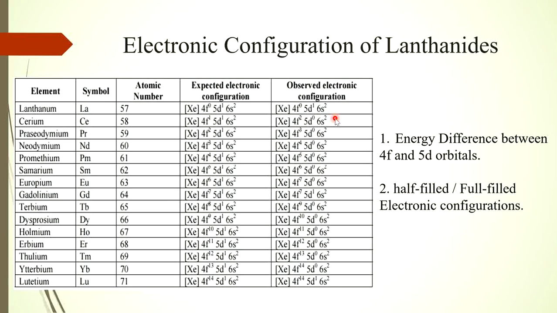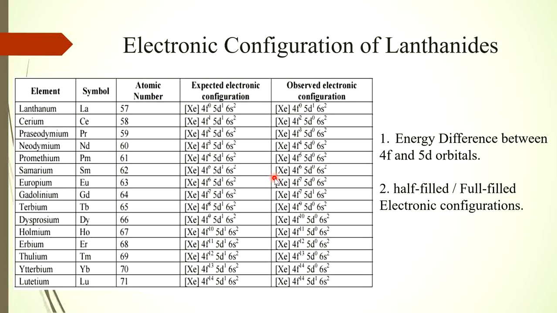Now coming to the europium and ytterbium structure, in case of europium the expected electronic configuration is 4f6, 5d1, 6s2, whereas in case of ytterbium it is 4f13, 5d1, 6s2, and in both cases 5d remains vacant or unfilled, right?